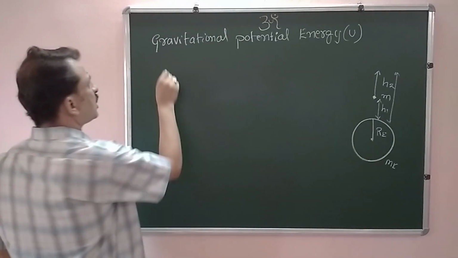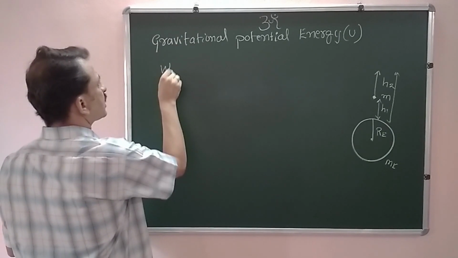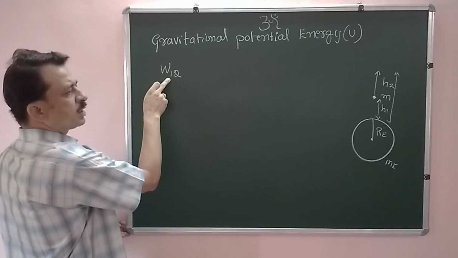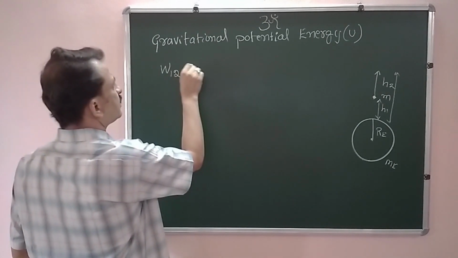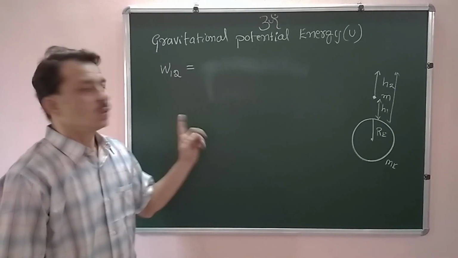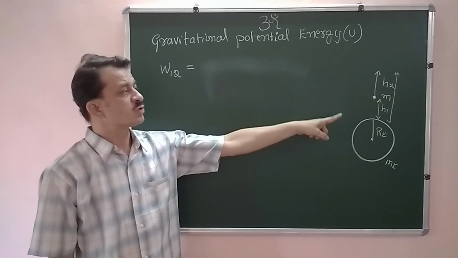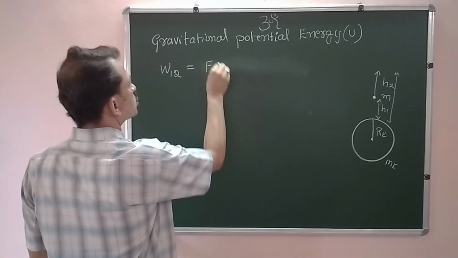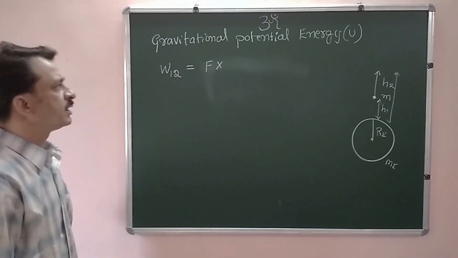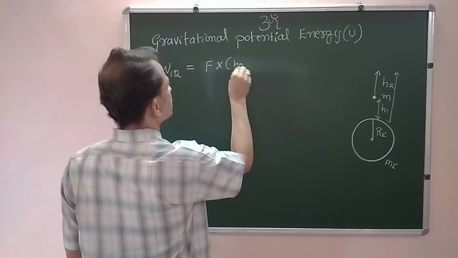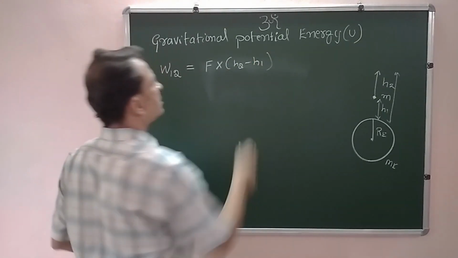Now the work done in moving the point mass from h1 height to h2 height, that I will write. Work done in moving from h1 height to h2 height is equal to force multiplied by the distance or displacement, that is h2 minus h1.